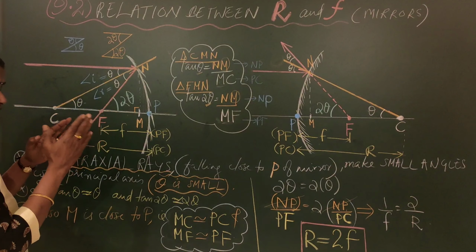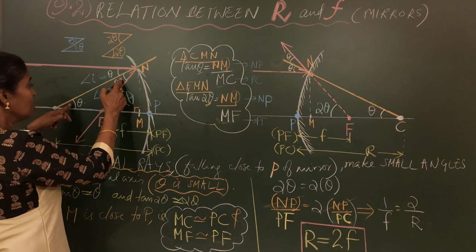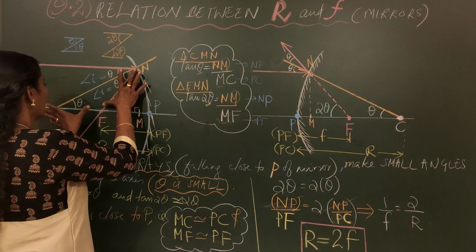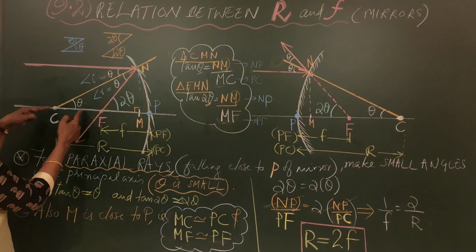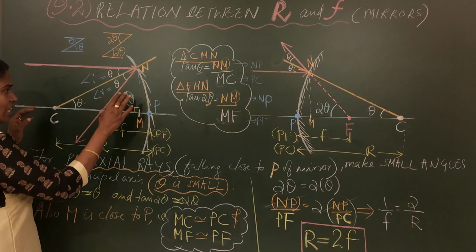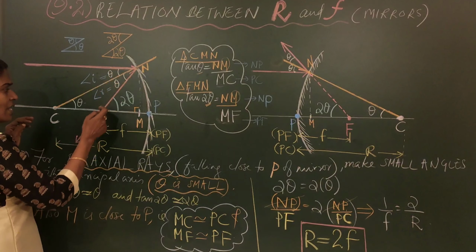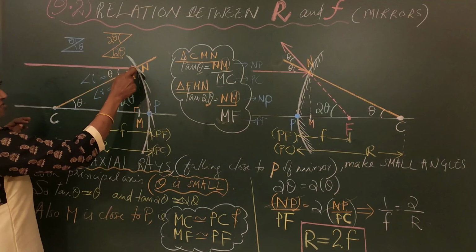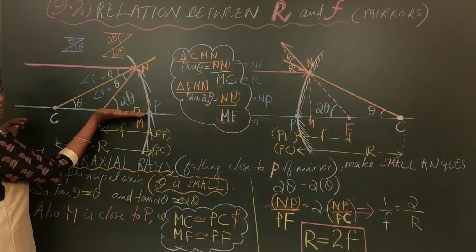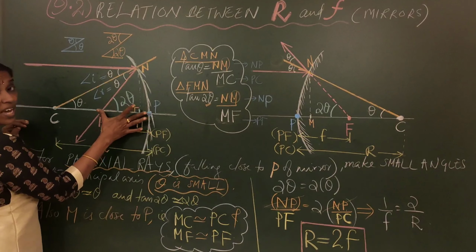And moreover, from the figure you know this is theta, this is theta. Clear? If these two are theta, this is an isosceles triangle. So what about CF and FN? These two sides. One is CF, other is CN. What happens to FN? If N is coming close to P, M is very close to P, the line FN moves like this. Finally it falls at the point P. So instead of FN, you will have FP.